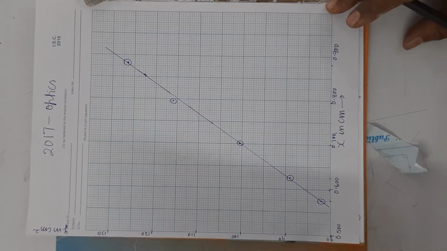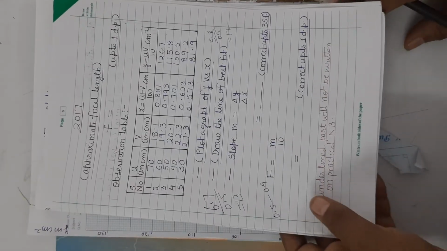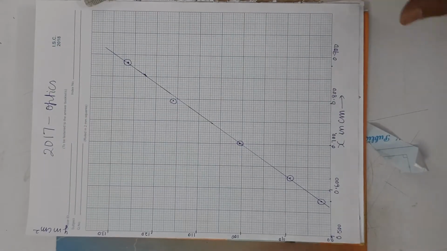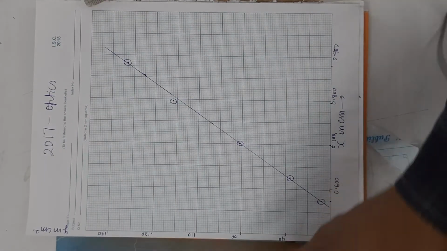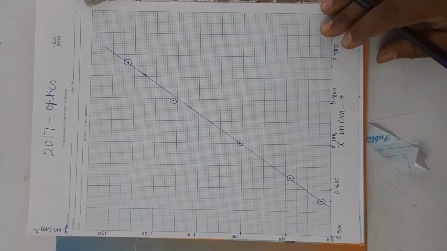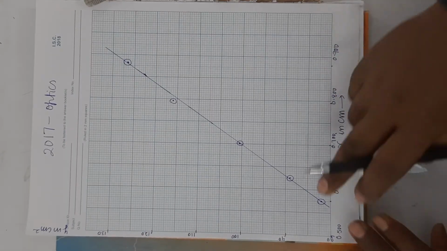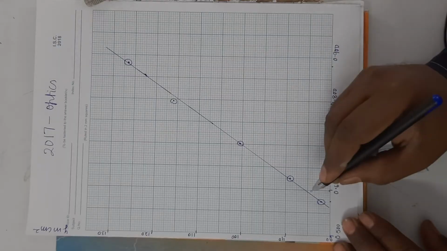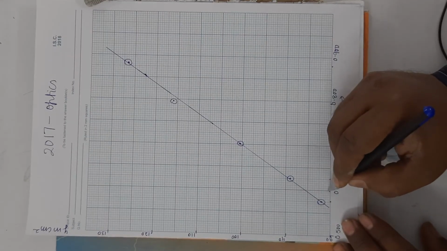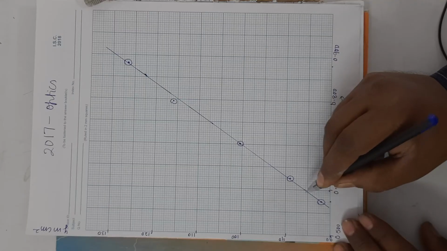After that you have to determine the slope up to 3 significant figures. We know that slope is determined by delta y upon delta x, by taking any 2 points other than the plotted ones, separated at a far distance. So you can take one point corresponding to 0.6.